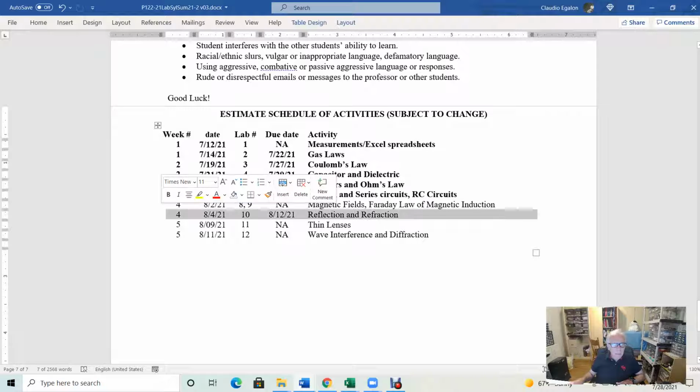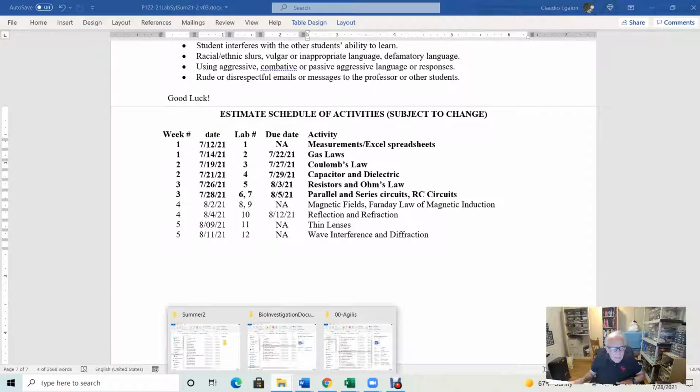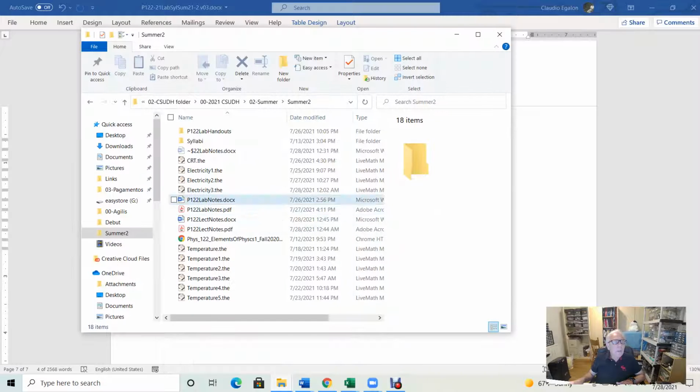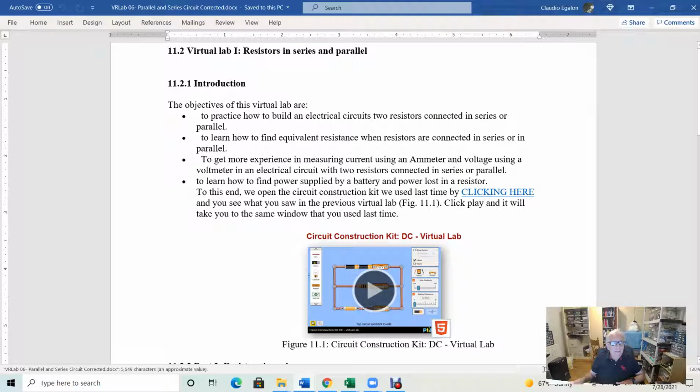I'm making this one on the 12th. Well, I'll let you know later on. For now, let's assume that parallel series circuits is the one, and let's get the handout 6, right in here.